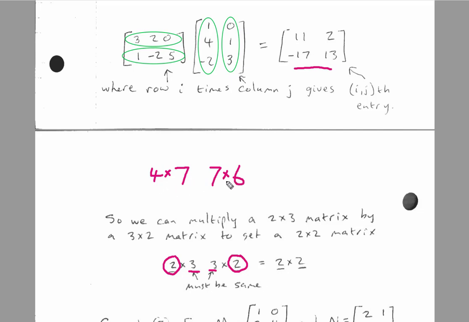It would be a lot of work, but you could do it, and the result would be a 4 by 6 matrix. Alright, so that's how matrix multiplication works.